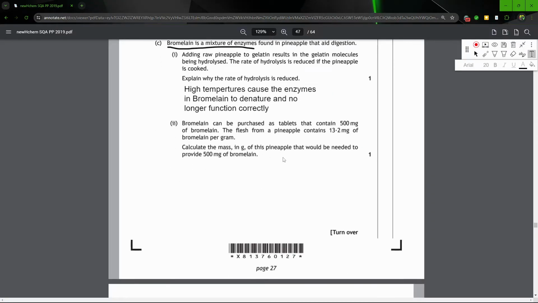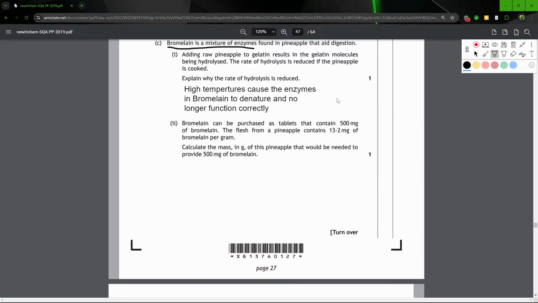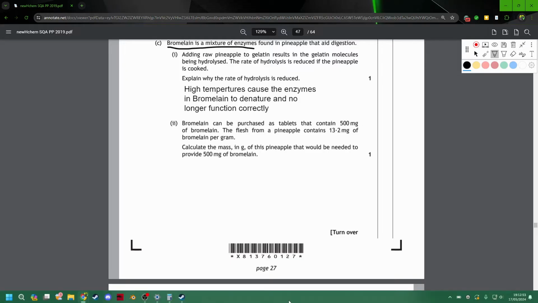There we go. Bromelain can be purchased as tablets that contain 500 milligrams of bromelain. The flesh from a pineapple contains 13.2 milligrams of bromelain per gram. Calculate the mass in grams of this pineapple that would be needed to produce 500 milligrams of bromelain. Okay, so flesh from a pineapple per gram.